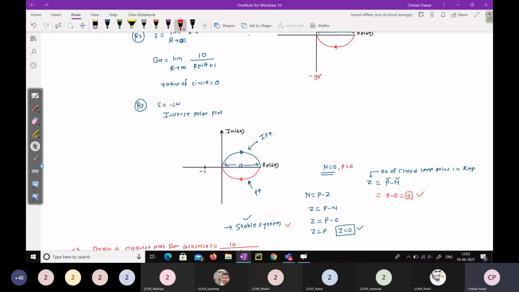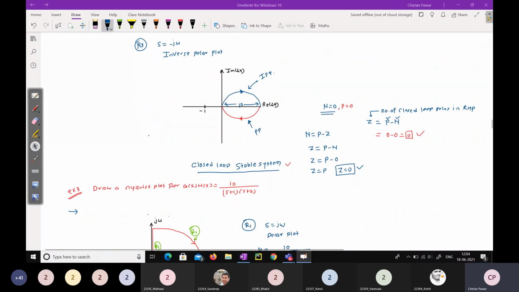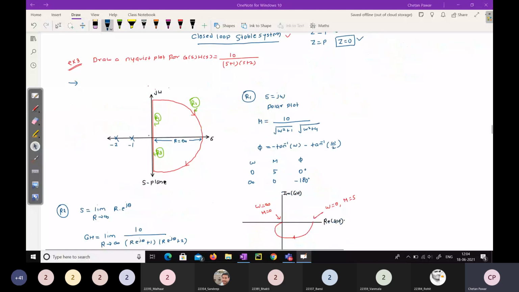This way, you can determine the stability of the closed loop system by drawing the Nyquist plot for the open loop system, and you can draw the Nyquist plot for any transfer function. Any doubt in this? You can ask me at any point.